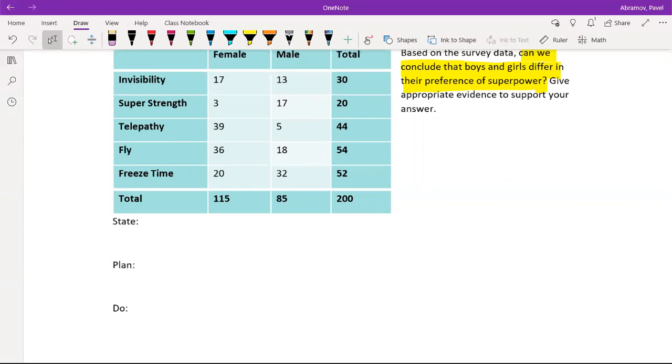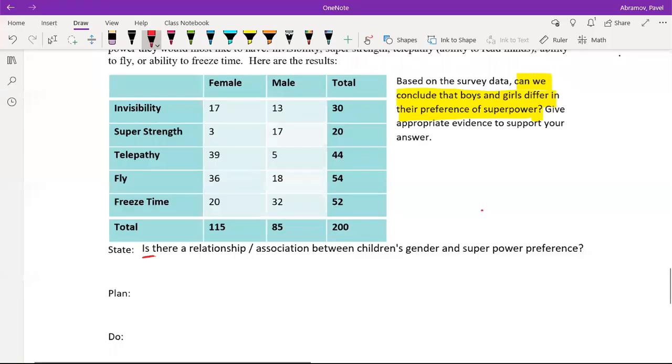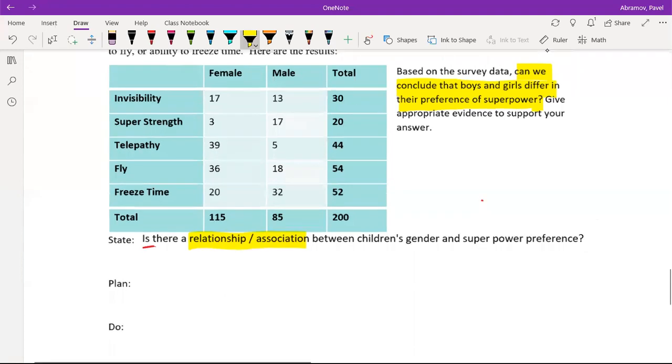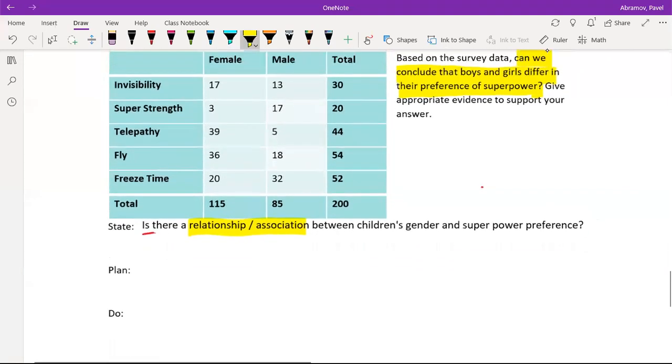So let's write this out. Once again, is there a relationship or association between children's gender and superpower preference? You don't have to write down both relationship and association. I'm just showing you that you can use either one of those words. Well, how can we decide this?